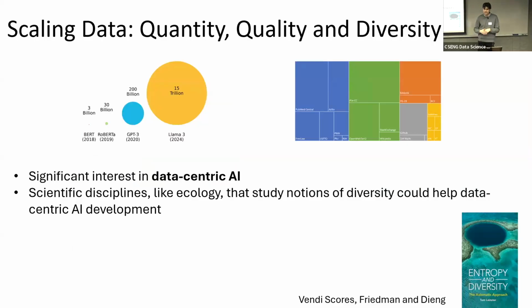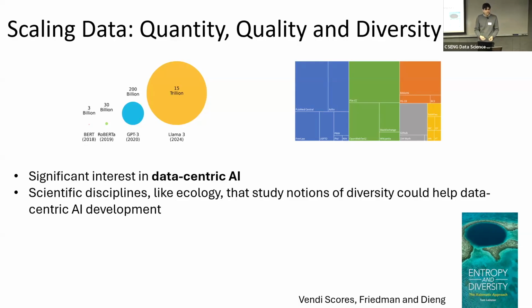And that is why it has led to significant interest in this research direction of data-centric AI. And one point that came to my mind was that, of course, data diversity matters quite a bit, but some of you might already be thinking that carefully formalizing the notion of diversity is completely non-trivial. But there are some scientific domains like ecology, for example, who try to do this, like biodiversity.